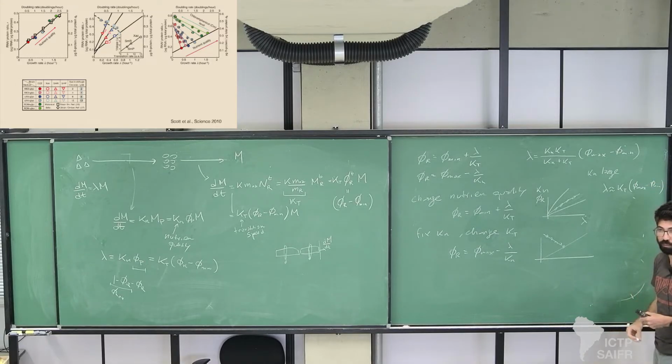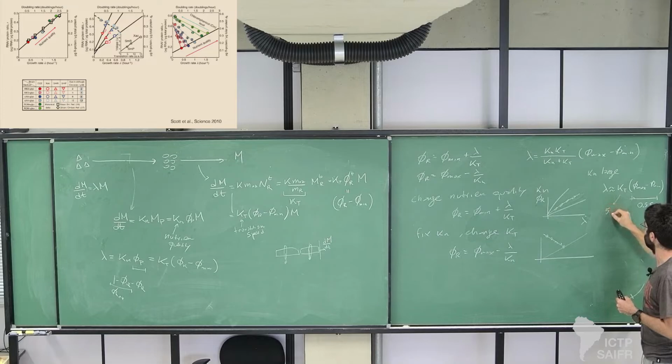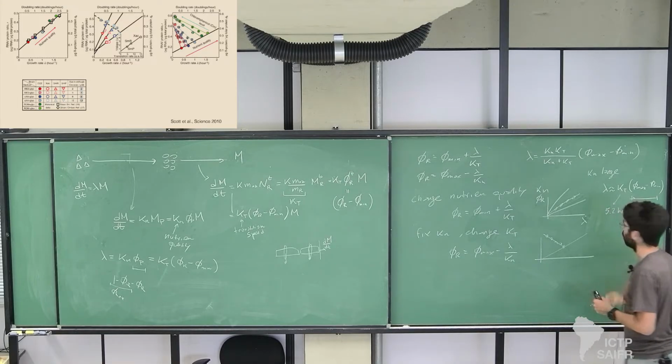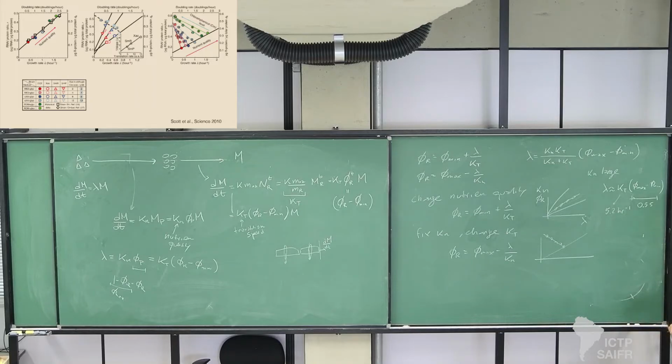Okay? Now, these parameters you know, so you can measure them. So this is more or less 0.55, okay? And this parameter here is 5.2 hours minus 1, okay?